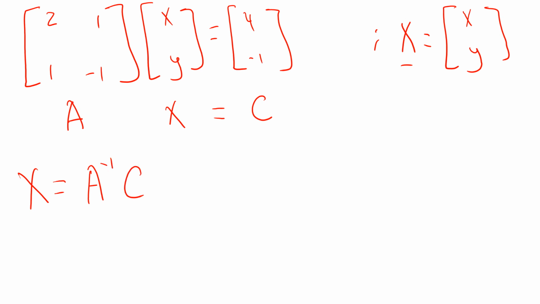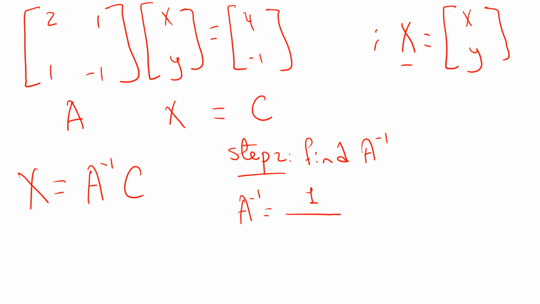So step number 2 here is now to get the inverse of A. Find A inverse. Okay, so A here is a 2 by 2 matrix. So we're going to divide by the determinant. It's -3. The determinant is the multiplication of the diagonal terms minus the multiplication of the off diagonal terms, and then we swap the diagonal terms and change the sign of those off diagonal terms.